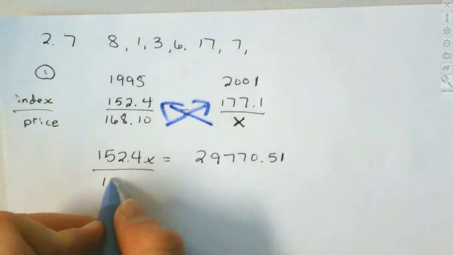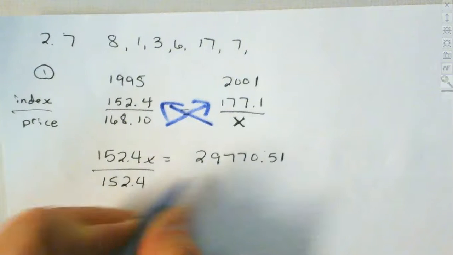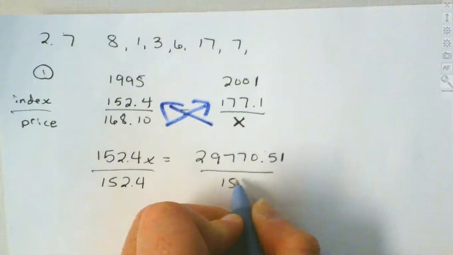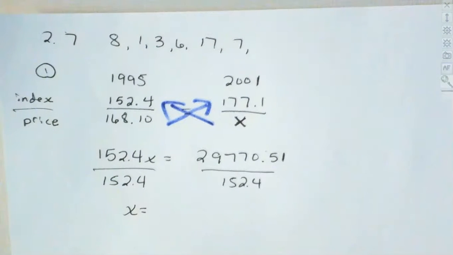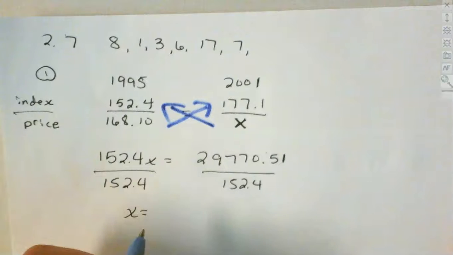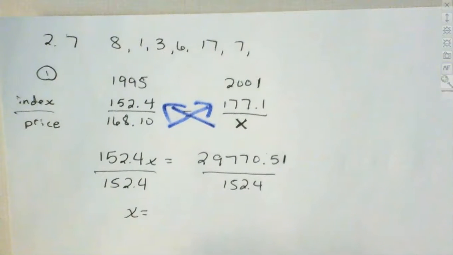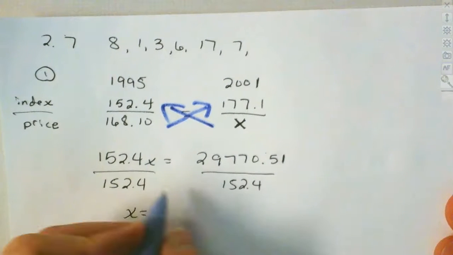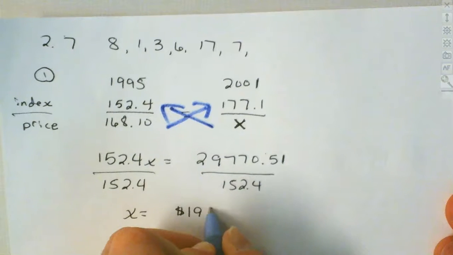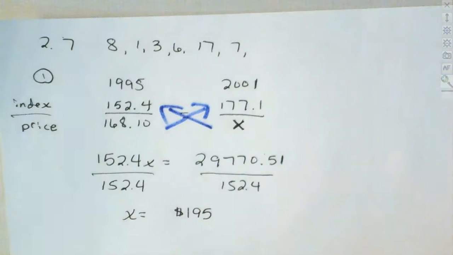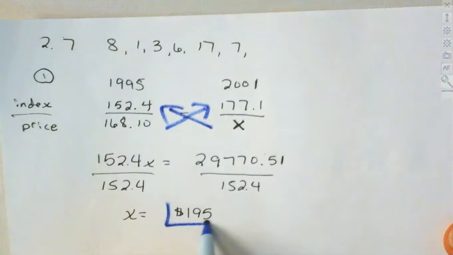Okay, we'll divide by that 152.4. And that gives us then our x value to be the price of those groceries. It says round to the nearest dollar. So rounding to the nearest dollar, it looks like it's going to be $195. And we just rounded again to the nearest dollar.